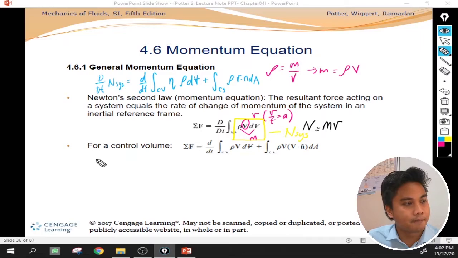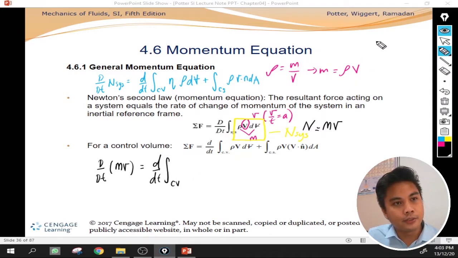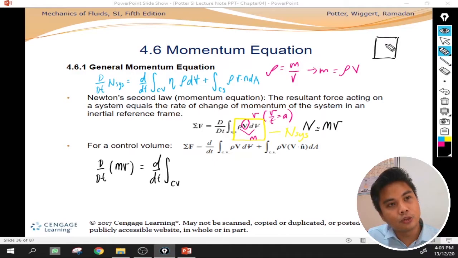So d over dt of N of the system, which is mv, equals d over dt of the integral over the control volume. The control volume refers to this. If there is flow, this is the control volume.